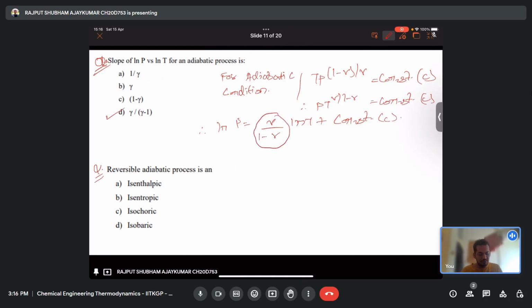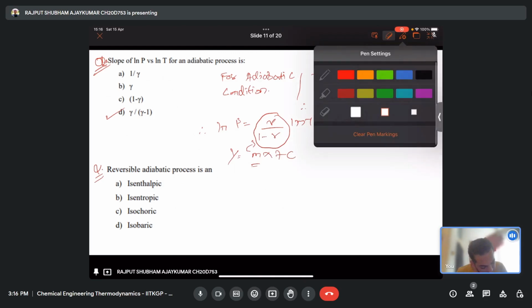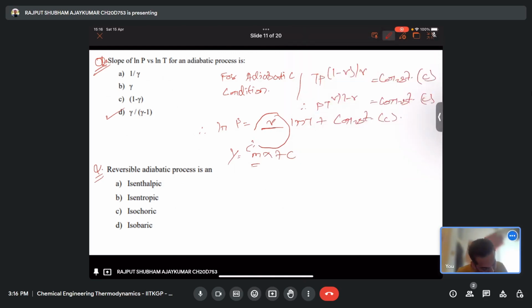The slope is y equals m x plus c, and m is gamma upon (1 minus gamma). So this is the correct answer.